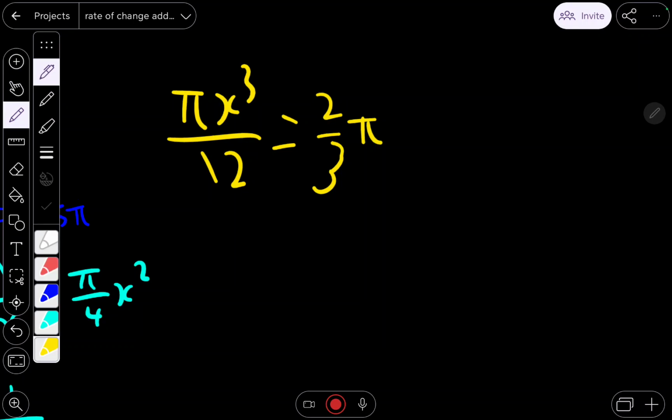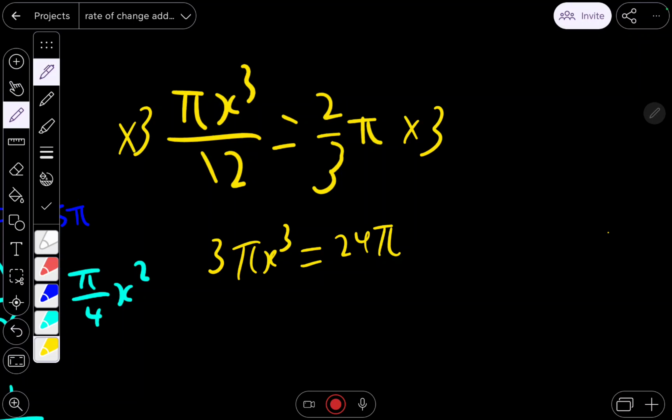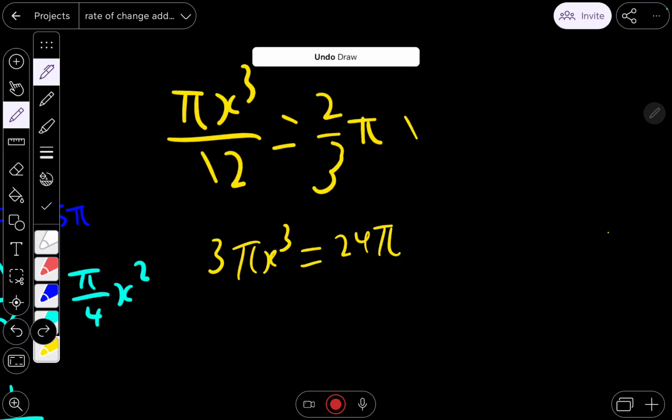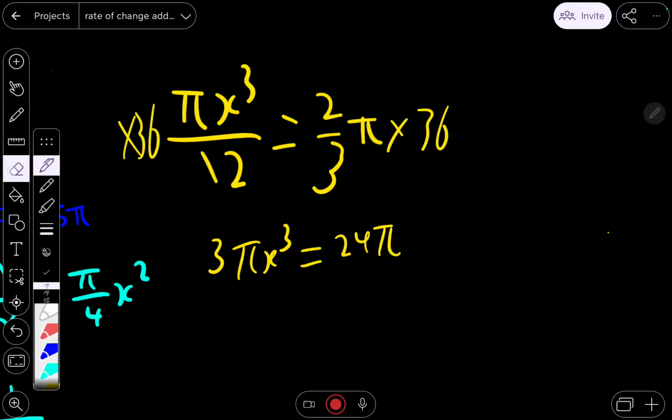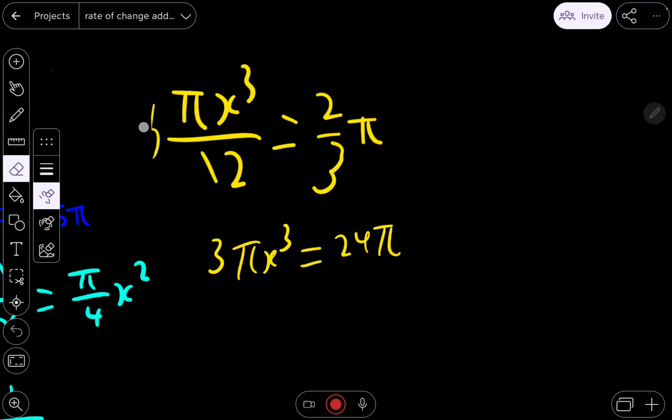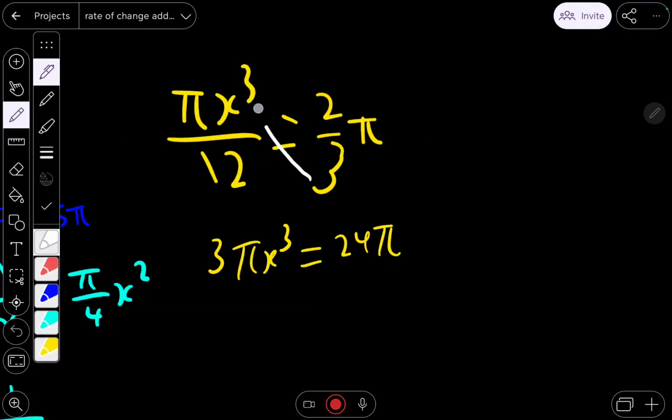So what can we say? We can cross multiply, which is the same as multiplying by 36 on both sides, but I don't want to confuse you, so I'll just write cross multiply. 3 times pi x cubed, 12 times 2 pi.